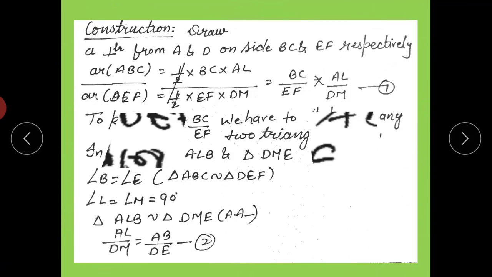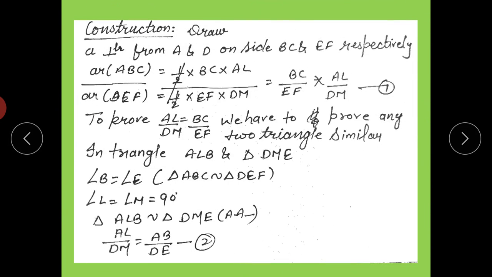Because the triangles are similar. And angle L and angle M are equal to 90. Why? Because by construction. So two triangles में अगर दो कोरस्पॉन्डिंग एंगल्स इक्वल हैं, by which similarity rule, angle similarity rule, we can say that these two triangles are similar. So triangle ALB is similar to triangle DME by the angle similarity rule.